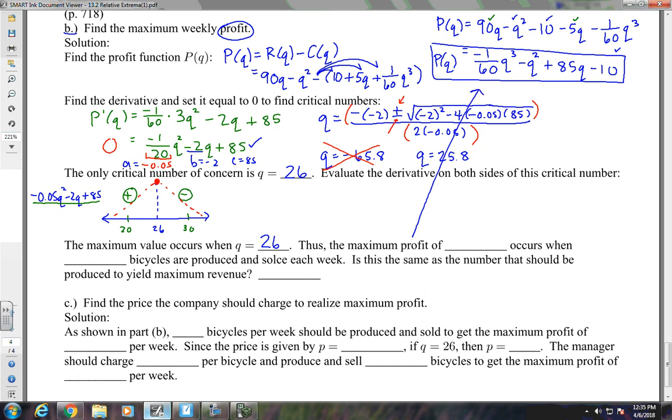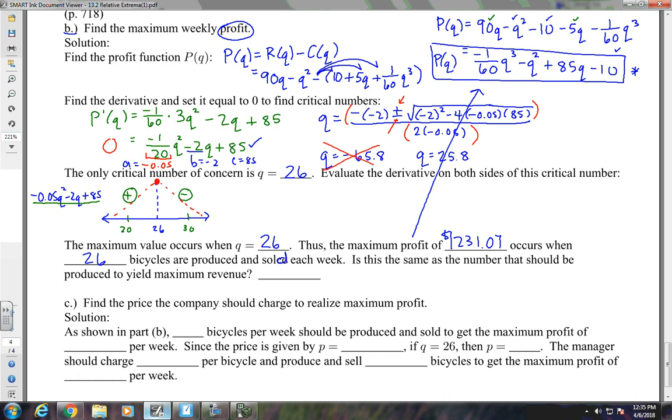So if I take 26 and using my calculator I plug it in up here, we would end up with the value $1,231.07. Okay, and you can verify that by plugging it into your calculators. Thus, the maximum profit of $1,231.07 occurs when 26 bicycles are produced and, sorry about the typo, sold each week.